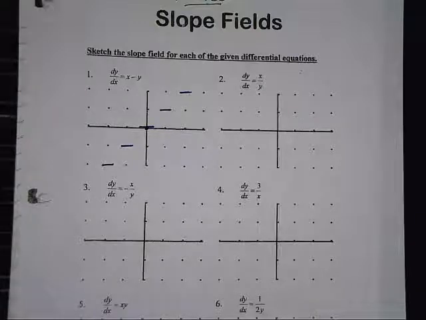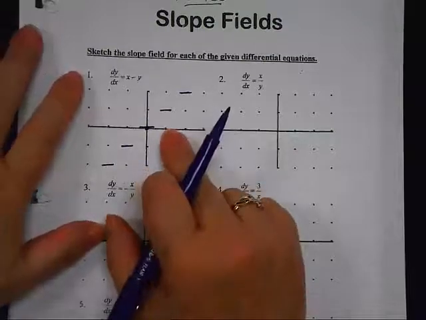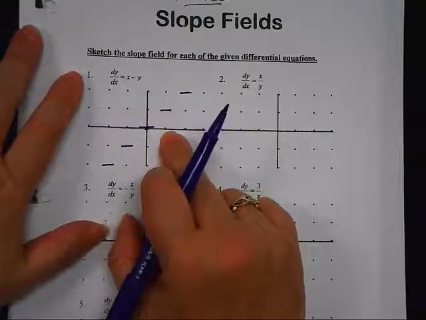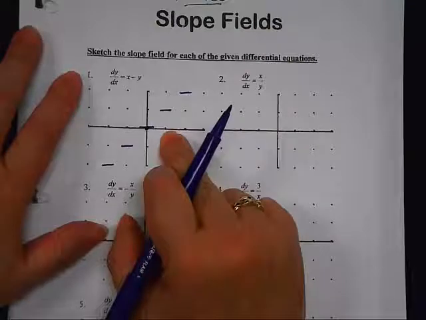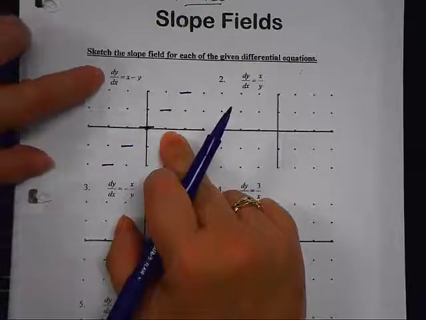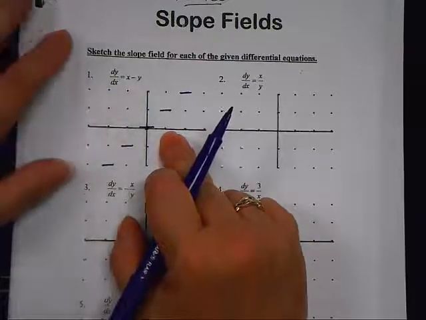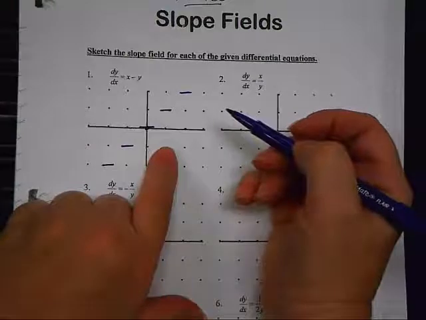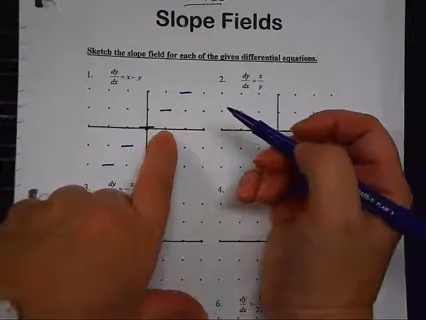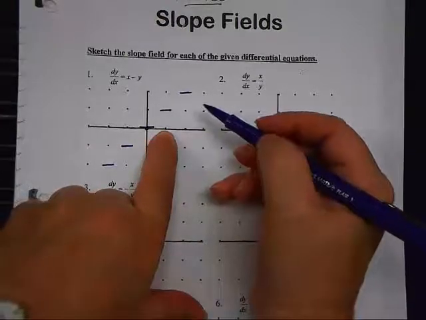Once you find the pattern and you've filled up all of those, move over to another point. Let's move to this point here. What are the coordinates right here? 1, 0. What's the slope supposed to be? The slope is x minus y, so that would be a slope of 1. When you've got a slope other than 0, take the point where you're starting and just count the slope like a rise over run.